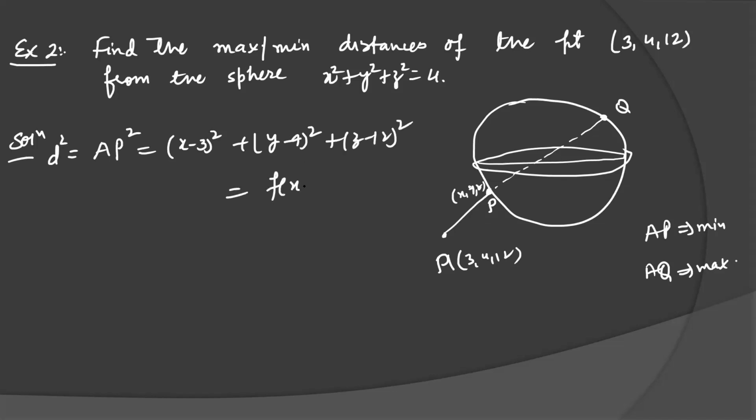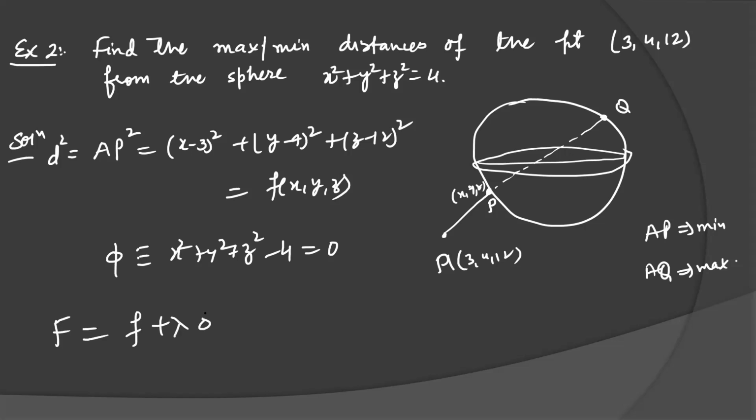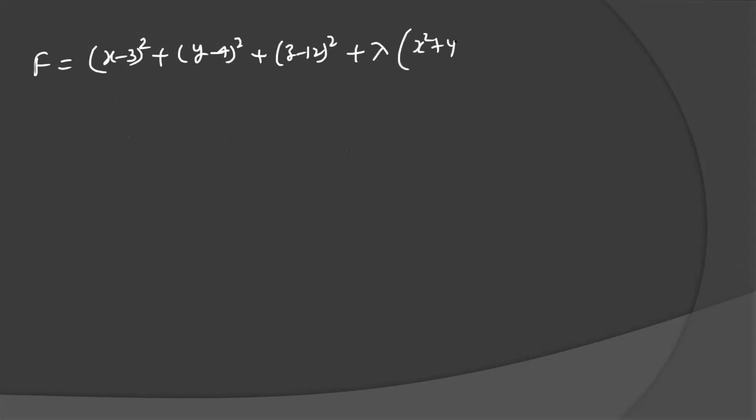Suppose this is your f, and the phi function is given as x square plus y square plus z square minus 4 equal to 0, the given relation. Now what will be the capital F? This is f plus lambda phi. So it will be x minus 3 whole square plus y minus 4 whole square plus z minus 12 whole square plus lambda into x square plus y square plus z square minus 4.